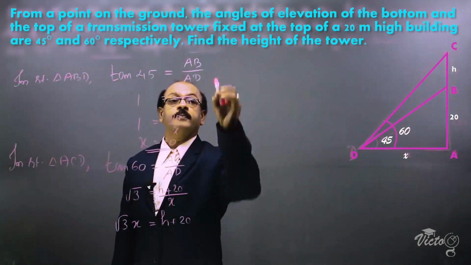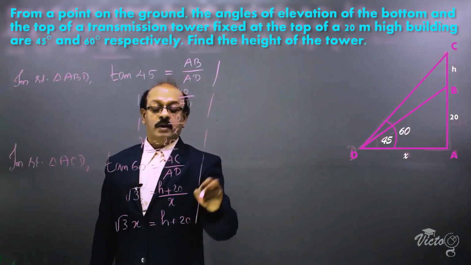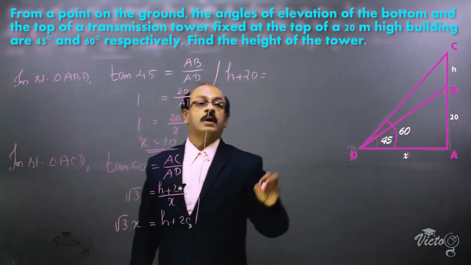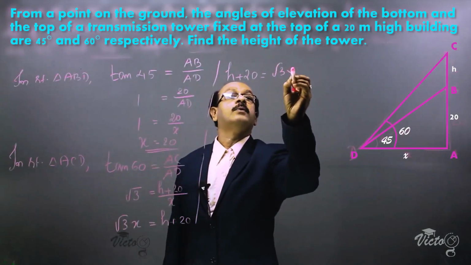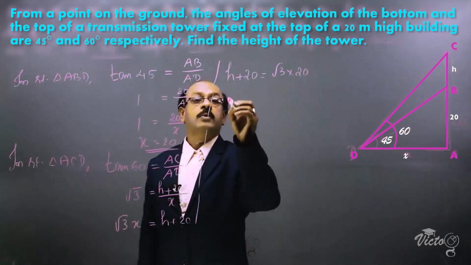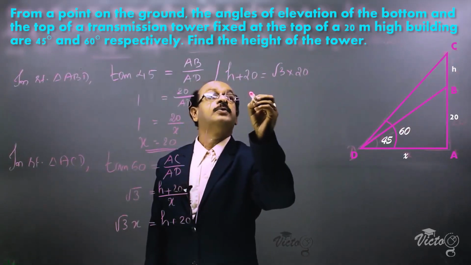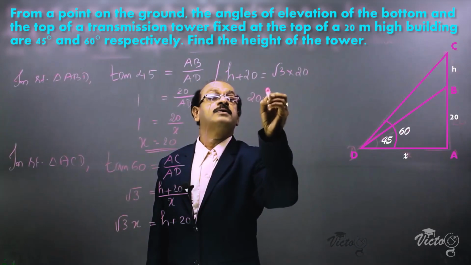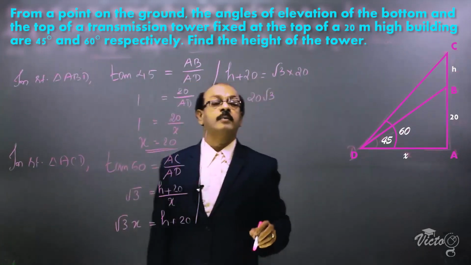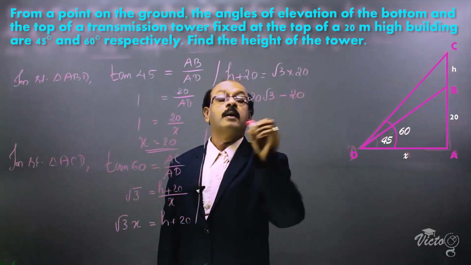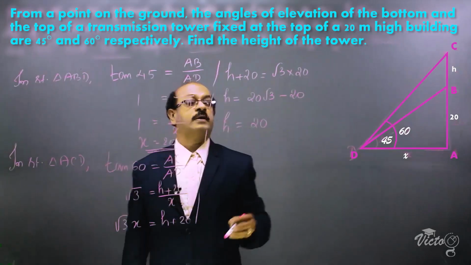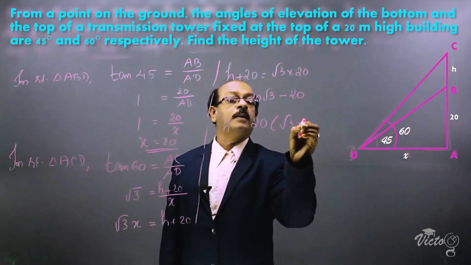That means h plus 20 is equal to root 3 into 20, because the value of x is equal to 20. Now, h is equal to 20 root 3. Taking plus 20 to the right side of the equation, it becomes minus 20. Now, h is equal to 20 root 3 minus 20, and 20 can be taken outside as a common factor: 20 into root 3 minus 1.